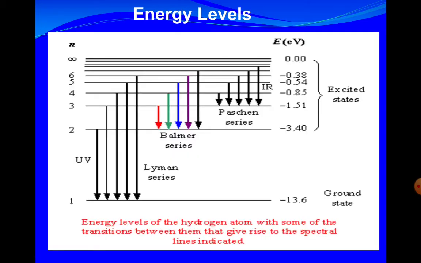So here we can look at the energy levels of hydrogen. We have a ground state, and the electrons can get excited to different levels and give off different types of light.